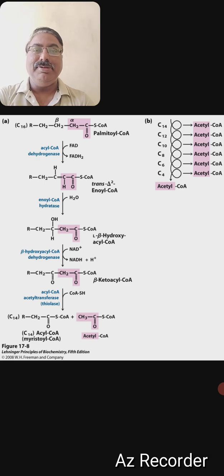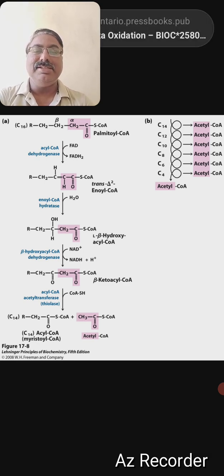Palmitoyl CoA contains 16 carbon atoms. So the total number of acetyl CoA which can be formed from this particular fatty acid is 8. So 8 acetyl CoA molecules will be formed, and 7 cycles of beta oxidation will take place. So how do we find the number of cycles? It is the total number of carbon atoms present divided by 2.